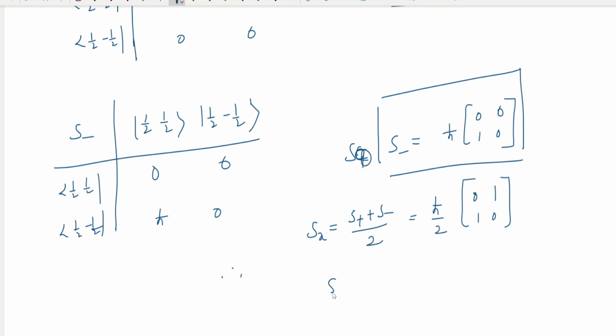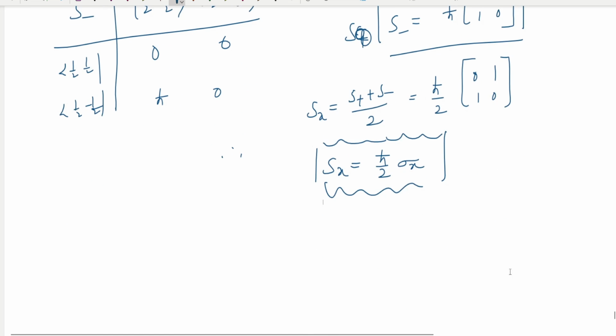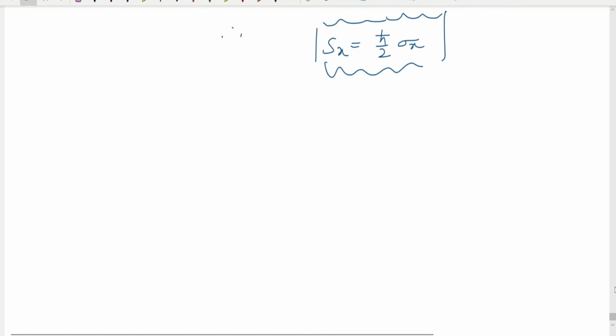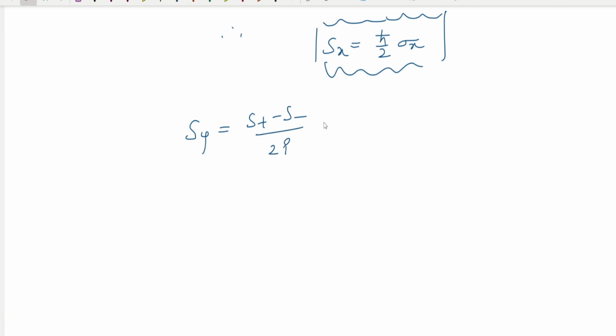So Sx is equal to h cross divided by 2 sigma x. This is the Pauli x component. Okay, then Sy equal to S plus minus S minus divided by 2i, which is h cross divided by 2 times 0, minus i, i, 0. So Sy equals h cross divided by 2 sigma y.